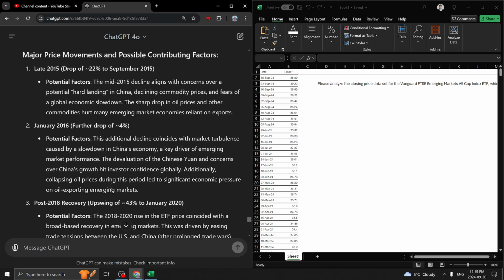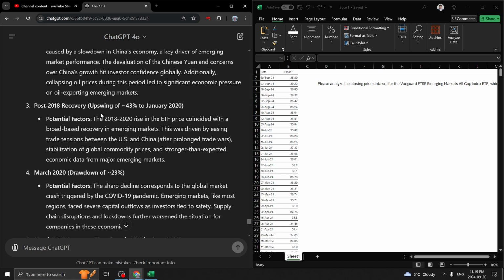Additionally, collapsing oil prices during this period led to significant economic pressure on oil-dependent economies. The 2018-2020 rise in the ETF price coincided with a broad-based recovery in emerging markets. This was driven by easing trade tensions between the US and China after prolonged trade wars.